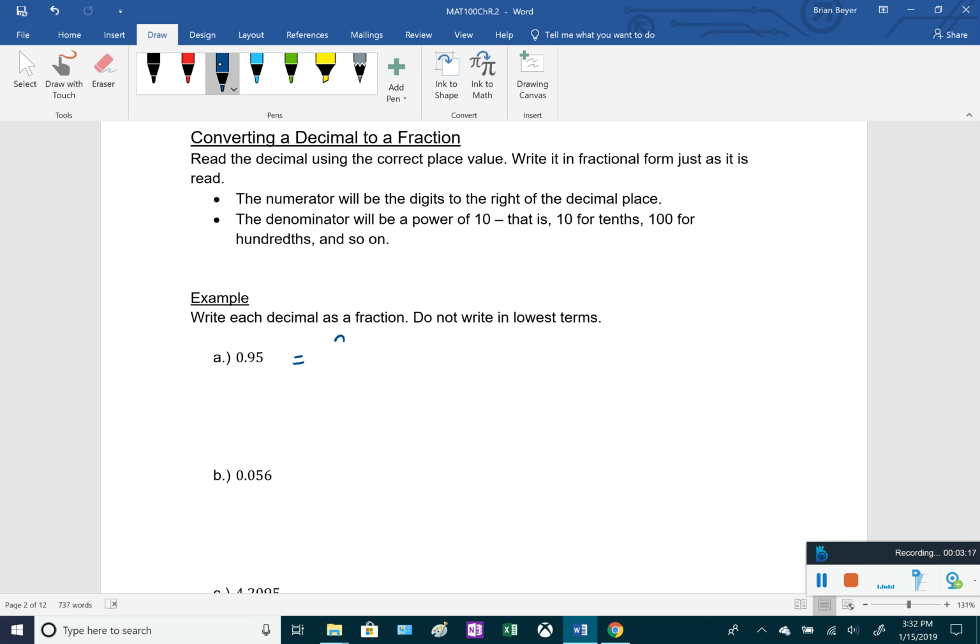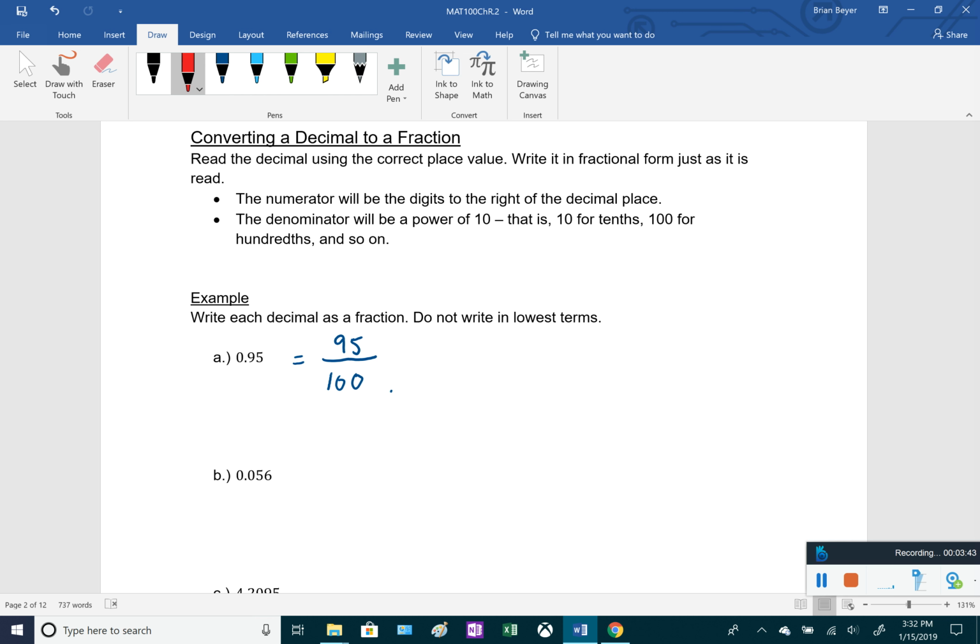The numerator is everything to the right of the decimal point, so that's 95. 95 hundredths means we're going to have a 100 in the denominator. And that's as simple as that, and we're done. So 95 hundredths, 95 in the numerator, 100 in the denominator.